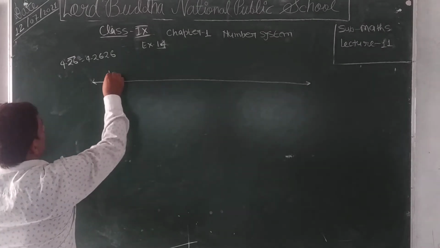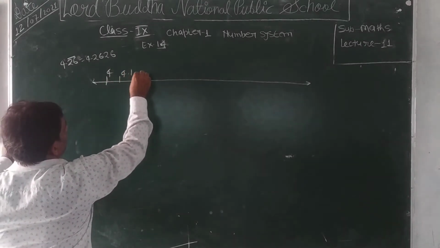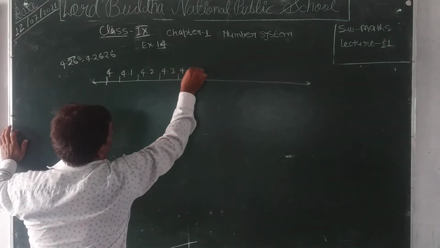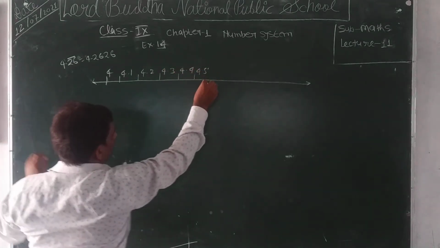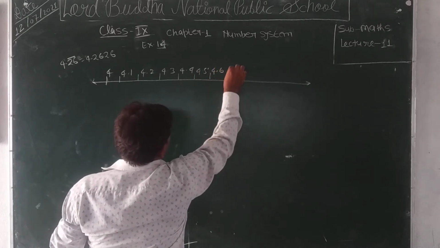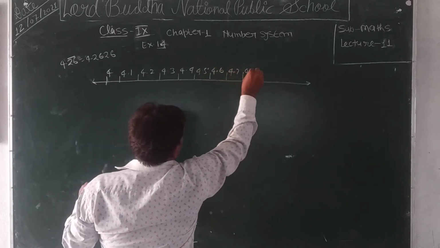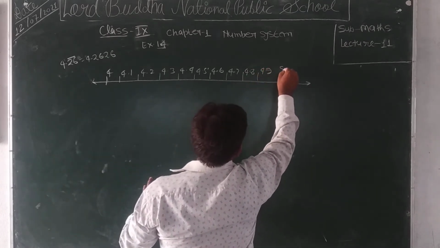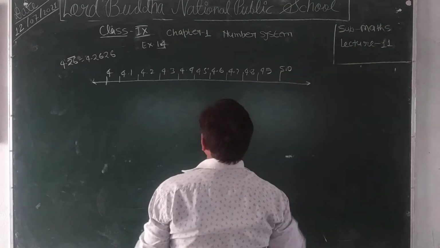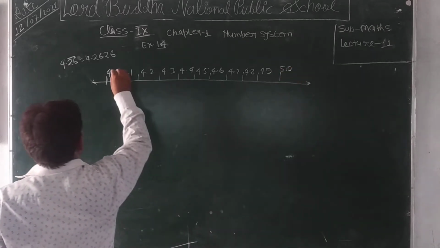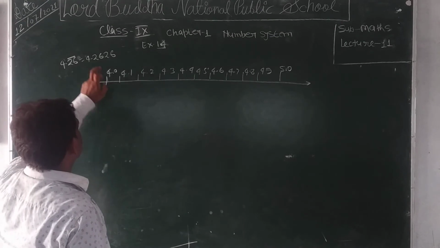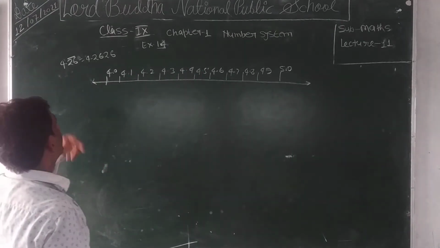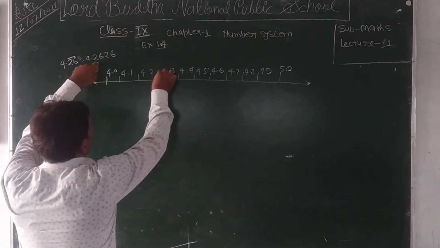Hence, we mark here 4.1, 4.2, 4.3, 4.4, 4.5, 4.6, 4.7, 4.8, 4.9 and here will be 5.0. Means our number will lie between 4.0 and 5.0. So first of all, we visualize 4.2. 4.2 is here.